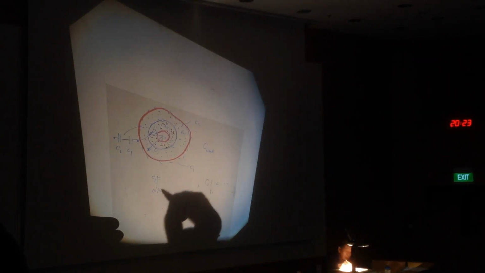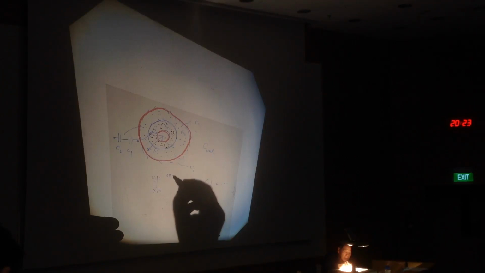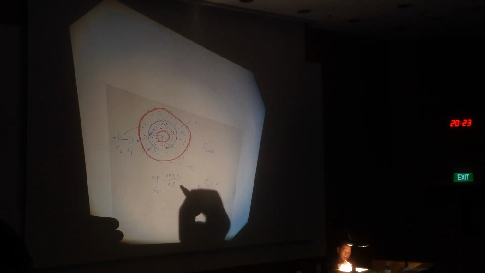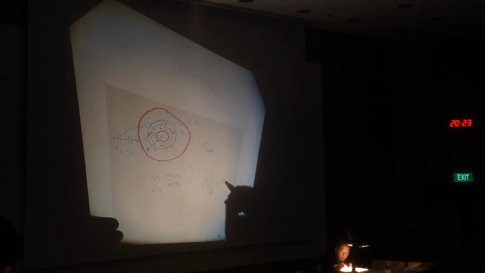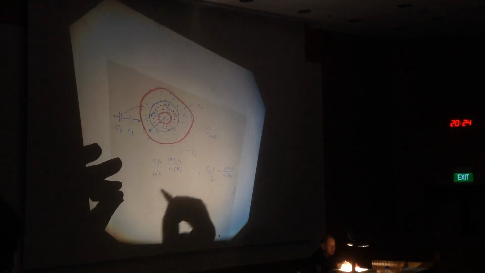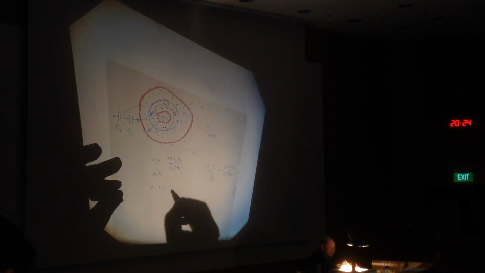So therefore I can write down C1, using the result, 2 pi epsilon naught epsilon R1 over ln D upon A. C2 is 2 pi epsilon naught epsilon R2 over ln C upon B. Okay? So therefore, C1 and C2 are in series.